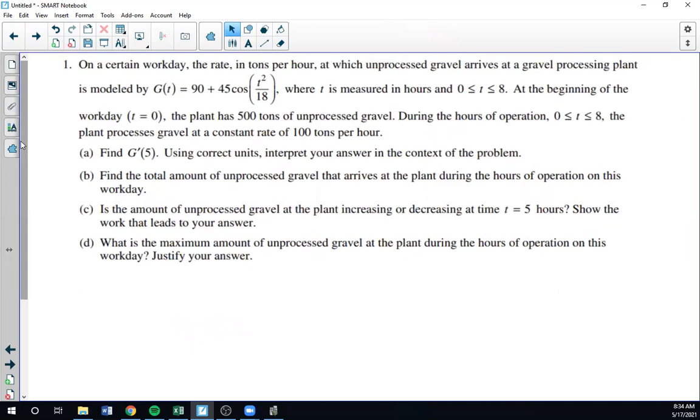Aha, there's the rest of the question. It started halfway down for some reason. All right, this is a calculator question, which means the first thing I see is that I have a function. Since it's a calculator question, the first thing I'm going to do is put that in the calculator.